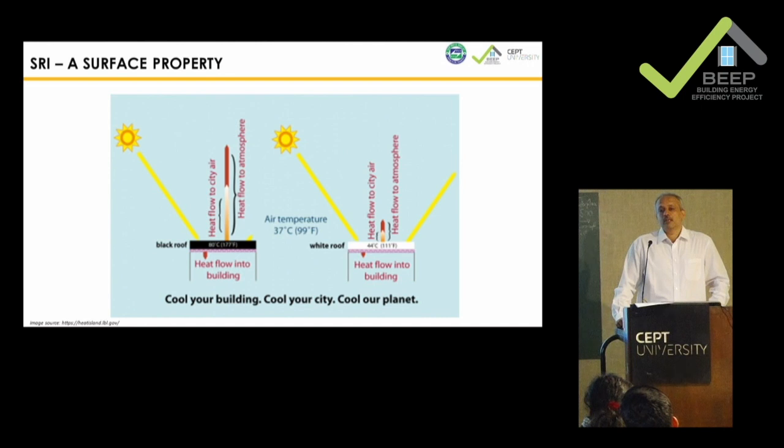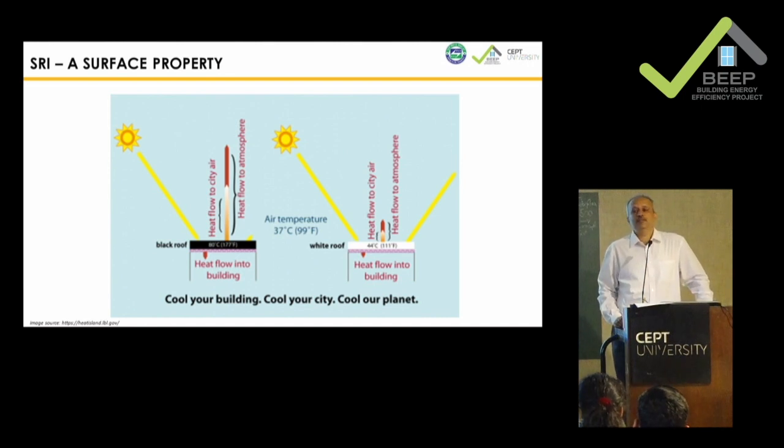So, most important, keep this in mind. Please, please, please keep this in mind. Solar reflectance index is a surface property. Even if a fully insulated roof does not have a surface property of high SRI, it may not work in the best manner.